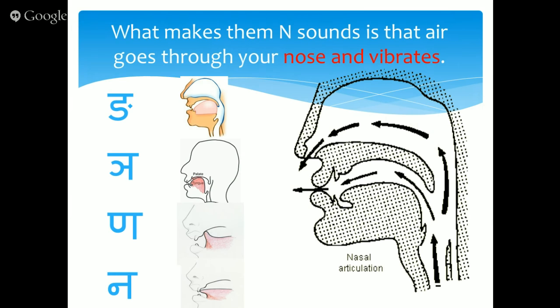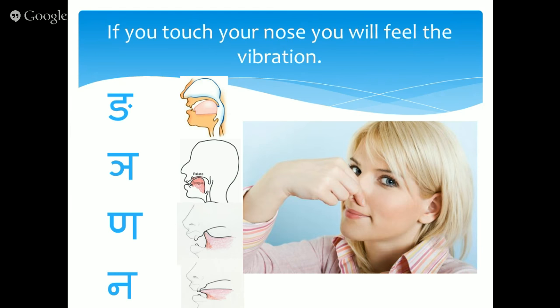So what makes these N sounds anyway? What characterizes an N sound is that when you say an N sound, your nose vibrates. So try that out. When you say the N in end, ranch, or sing, what happens with your nose? You should feel a strong vibration right when you say the N sound.